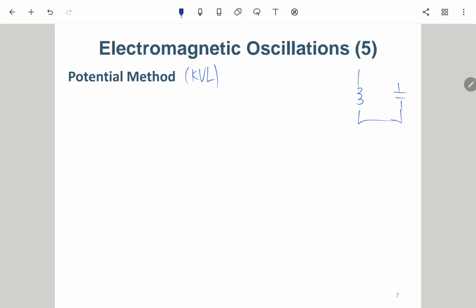We have an L and C. This is L, this is C, and let me assume this is V_C and this is V_L, with plus and minus. In such a way, we have V_L plus V_C equals 0, starting from this point and going around to become 0.